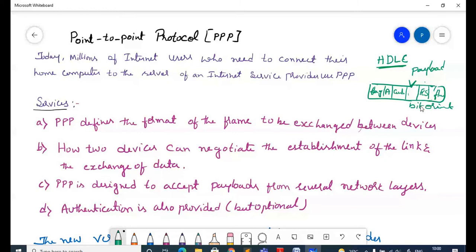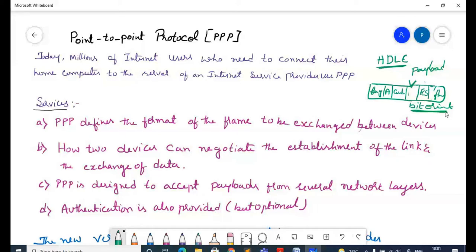In case the flag pattern is a part of the data. So you should be very clear about what is bit oriented and byte oriented, or character oriented.